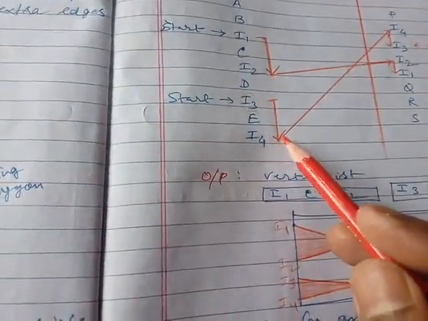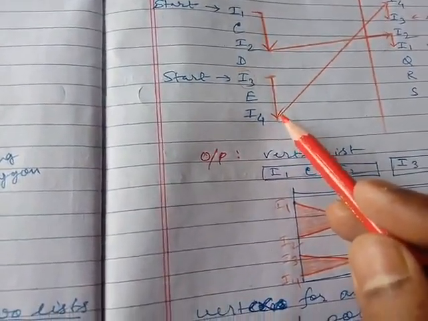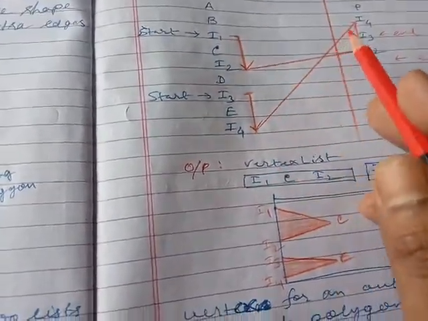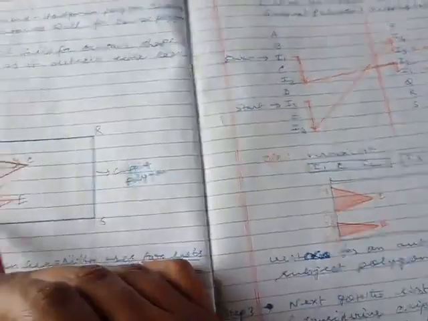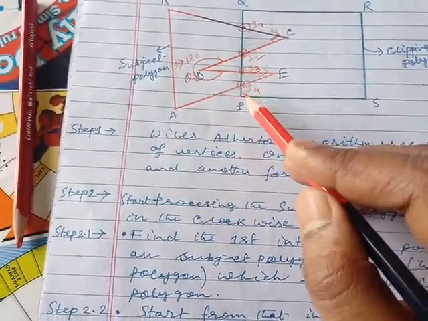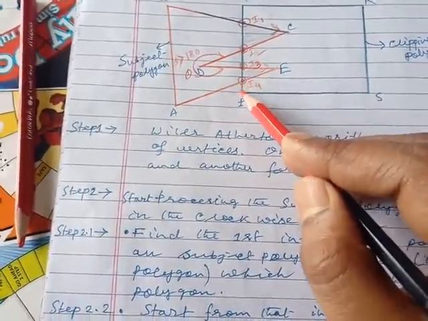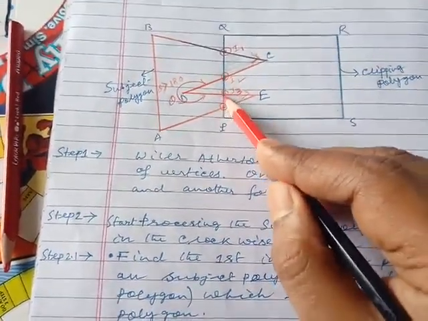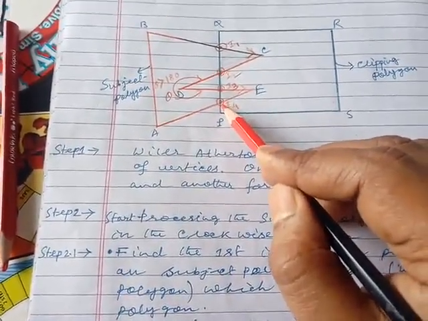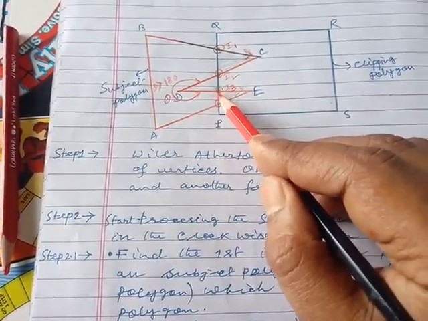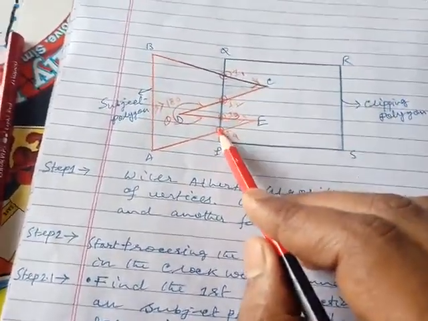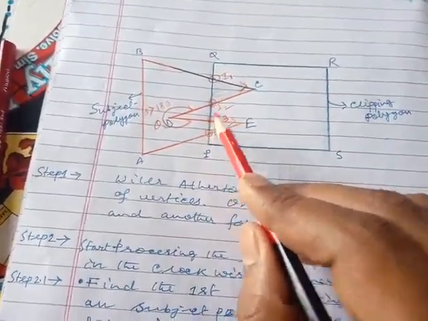Then from I4, since this is the intersecting point for an outgoing edge of the subject polygon, we will start scanning the clipping polygon edge in the clockwise manner. So from I4 we will move to I3, until we get the previous intersecting point, which in this case is I3.